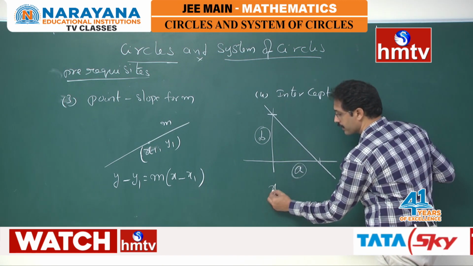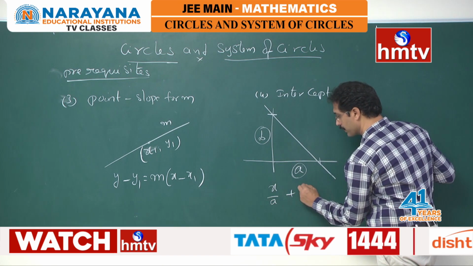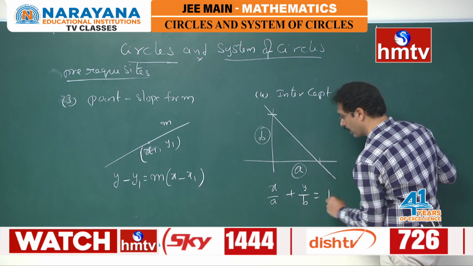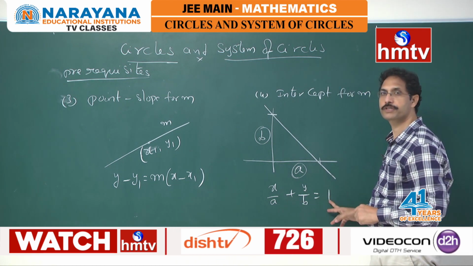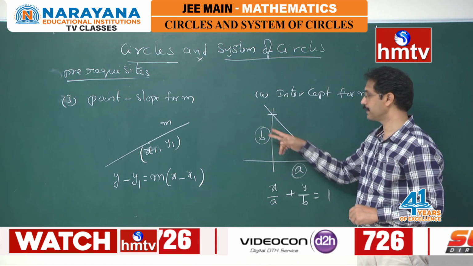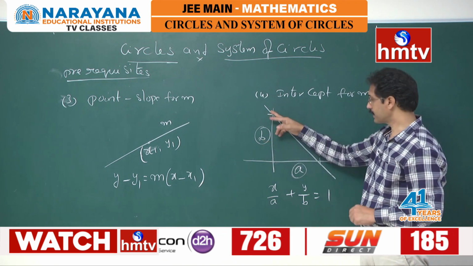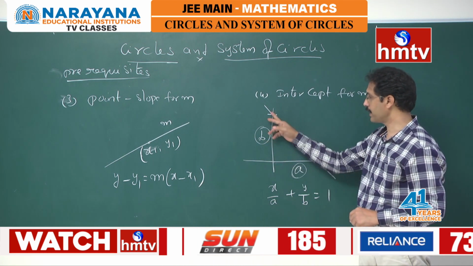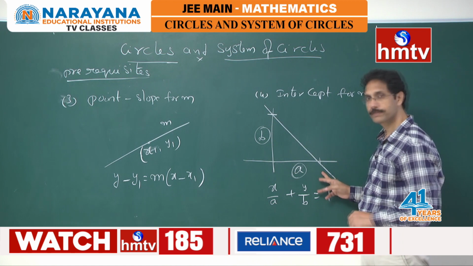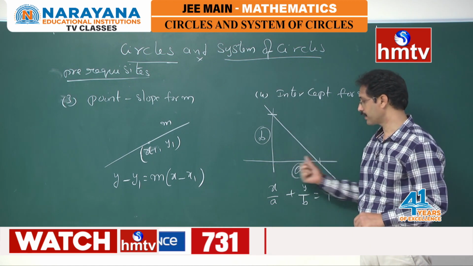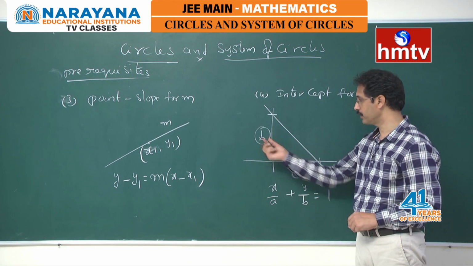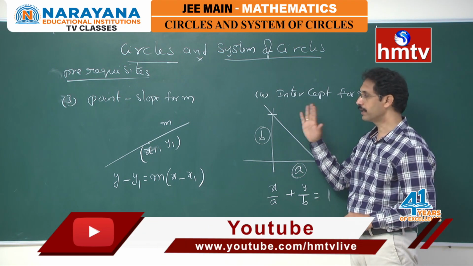Equation of the line can be obtained as x by a plus y by b is equal to 1. This is our intercept form of the straight line, where a is x intercept and b is y intercept. In this case, this straight line forms a right angle triangle with the coordinate axes. See, the area of this right angle triangle can be taken as half of a into b. This is about intercept form.